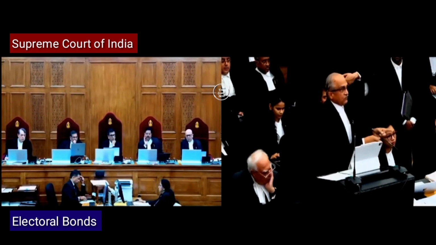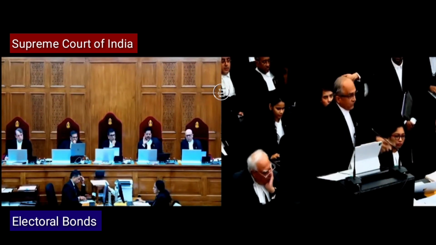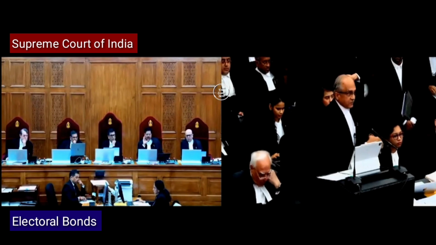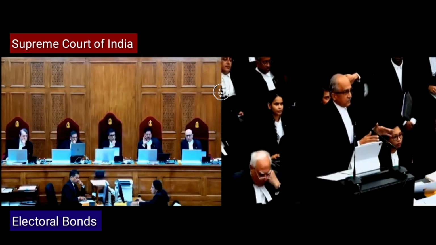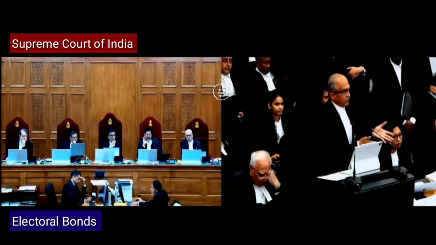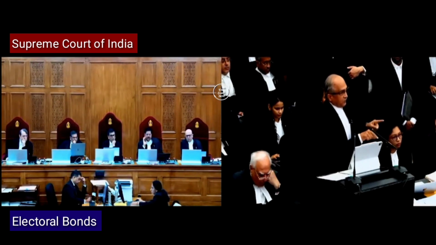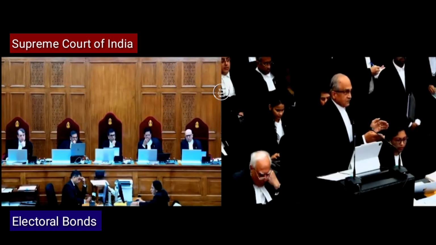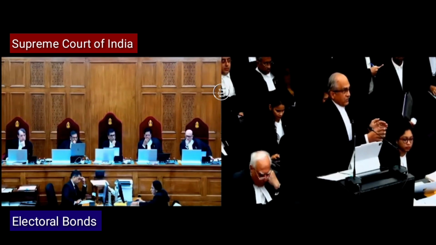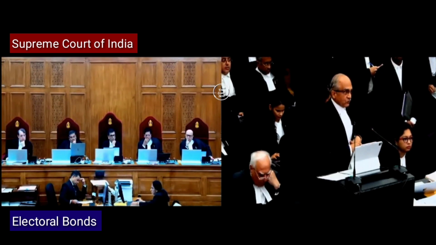But that match of who purchased this electoral bond and which party encashed this particular electoral bond, that match, if at all, it can only be done by the State Bank, which is a Government of India institution. Of course, State Bank is also effectively prohibited from disclosing it. But the scheme says that if a law enforcement agency needs to know this, get this information, it may ask the State Bank to disclose this.